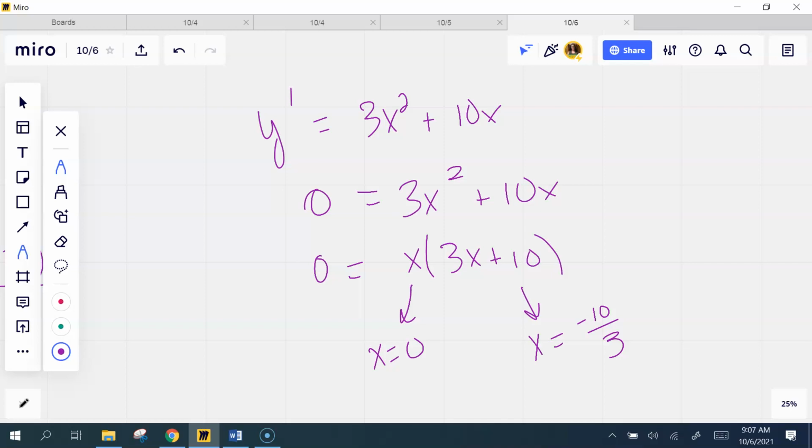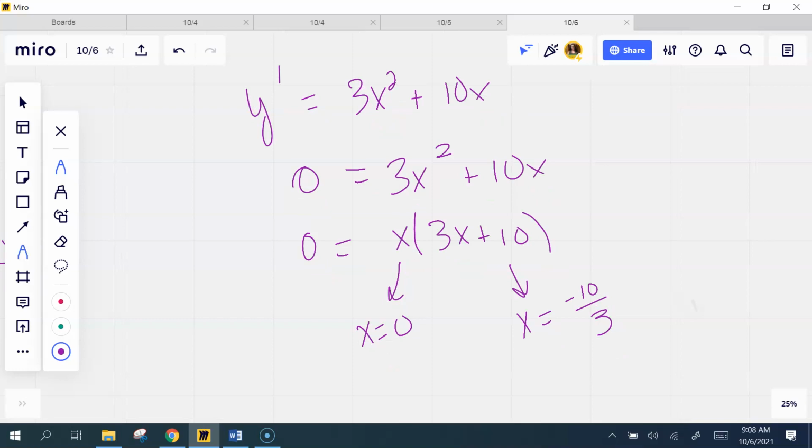It should have been like 0.5 and 2.6. So those won't work out right. Something must have happened. We'll look at it. Maybe the derivative wasn't right.